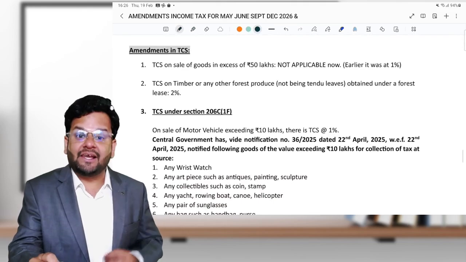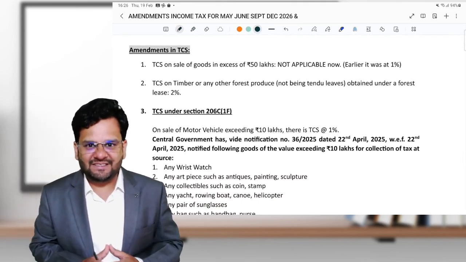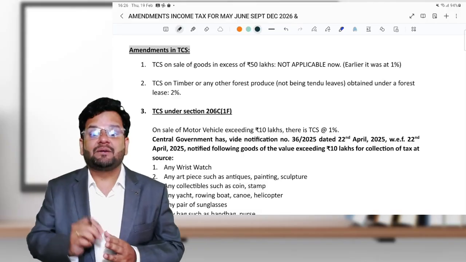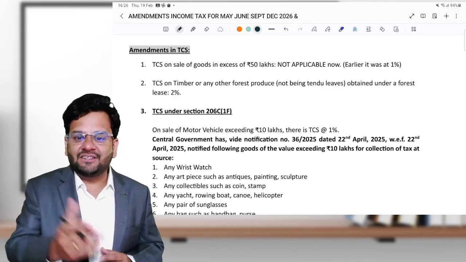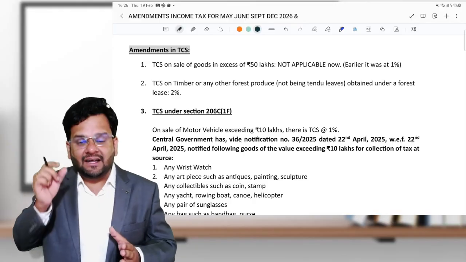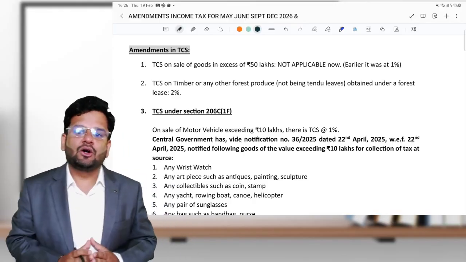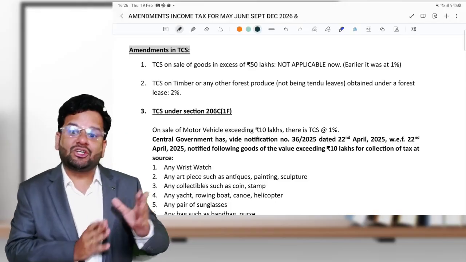In tax collection at source, if you remember, in TCS there are some amendments. Now what is TCS? Seller, while selling the goods, collects some tax from the buyer and then pays this tax to the government, and afterwards the buyer can take credit of this.